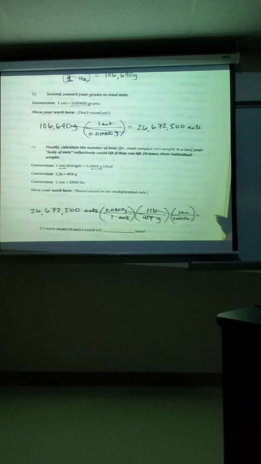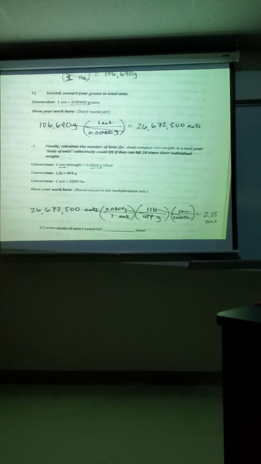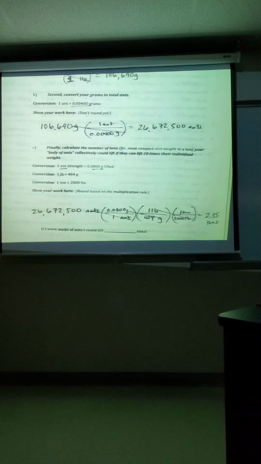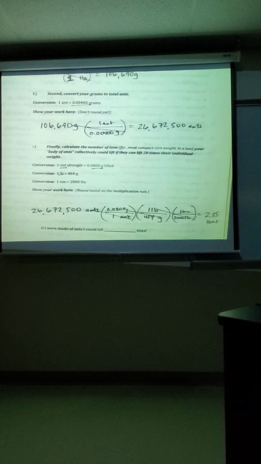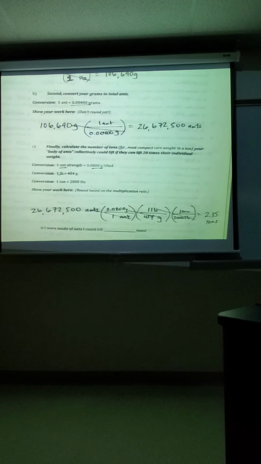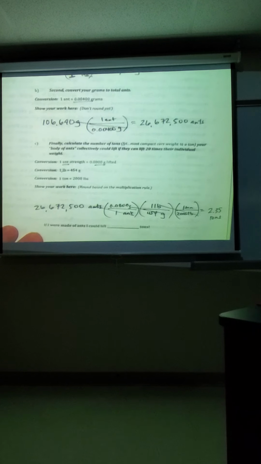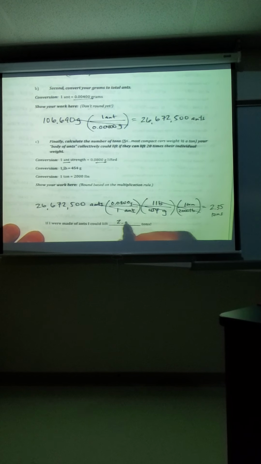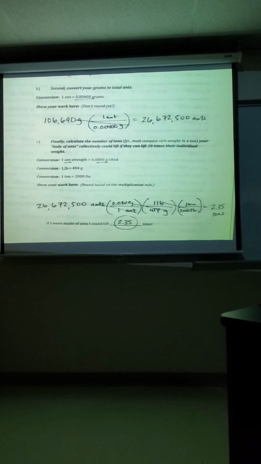Calculate this, you get 2.35 tons for me. If cars weigh about 1/2 ton, that's almost 5 little cars that I can throw around if I were a superhero, but I'm not. 2.35 is the answer.